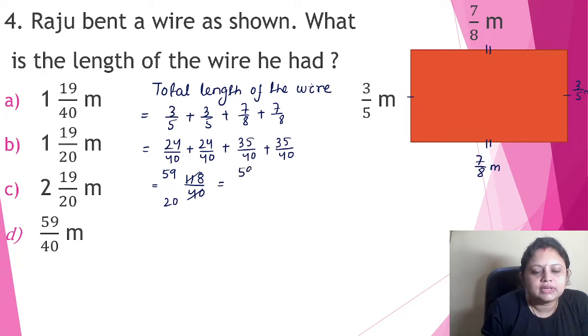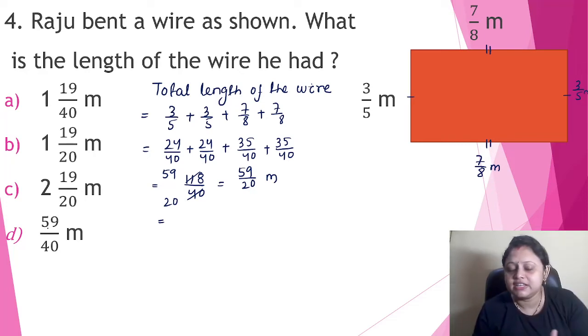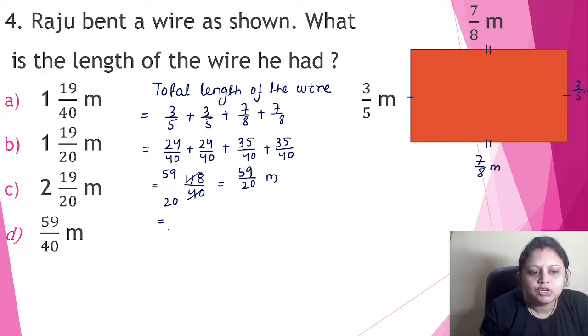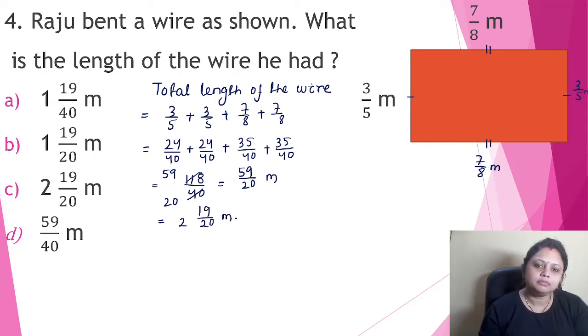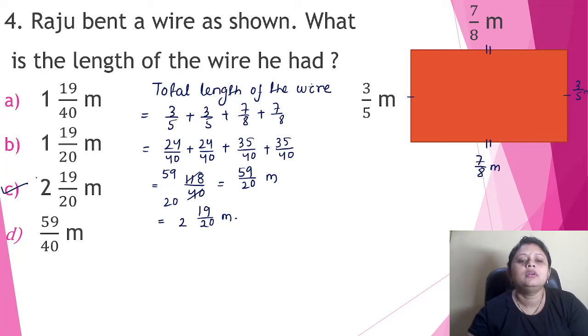So 59 by 20 meter. So it is not in the option, so we have to convert it into the mixed fraction. So it will be 2 whole 19 by 20 meter. Okay, so here the correct answer is option C. Got it everyone? Coming to the next question.